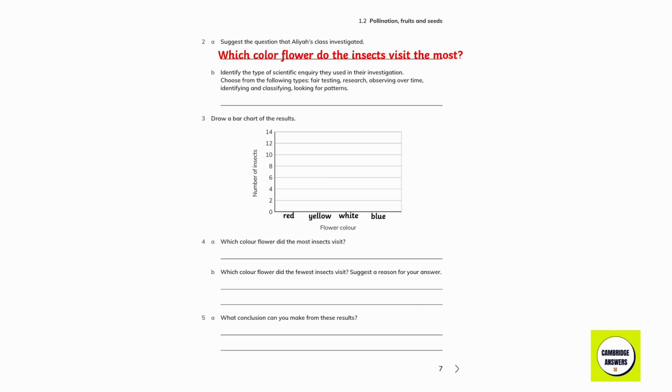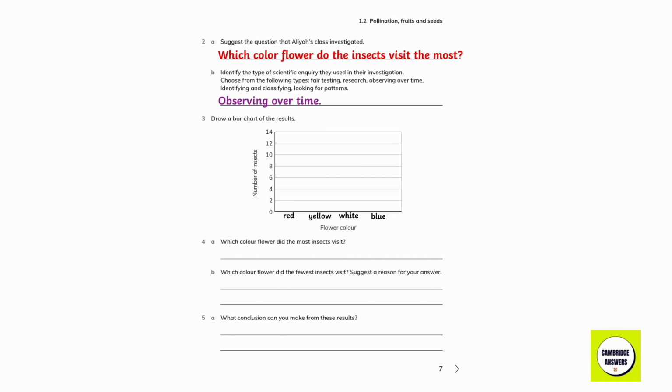Identify the type of scientific inquiry they used in their investigation. Choose from the following types: fair testing, research, observing over time, identifying and classifying, and looking for patterns. Observing over time. Draw a bar chart of the results.